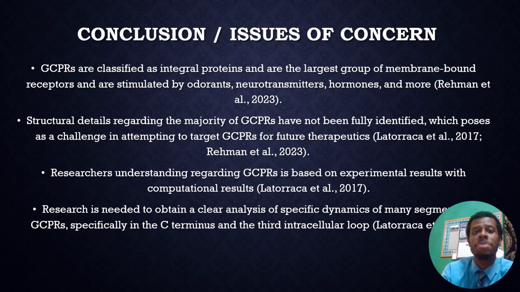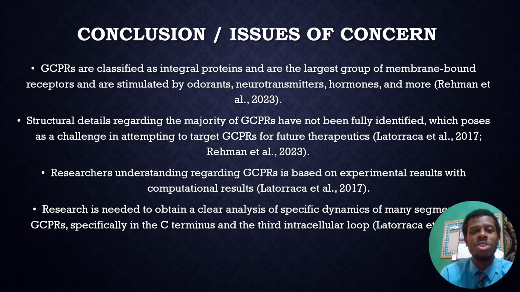There are six families of GPCRs, and approximately 1,000 GPCRs have been discovered. The loss or gain of GPCRs may lead to mutations, and furthermore, issues of concern in future studies. They indicate that not every GPCR structure has been found, and more studies are definitely needed in order to fully understand the structure of GPCRs.